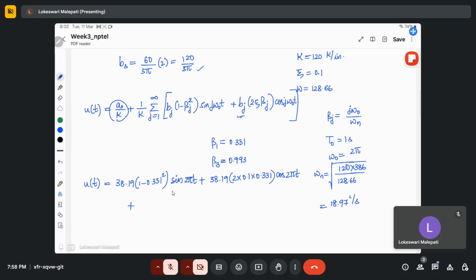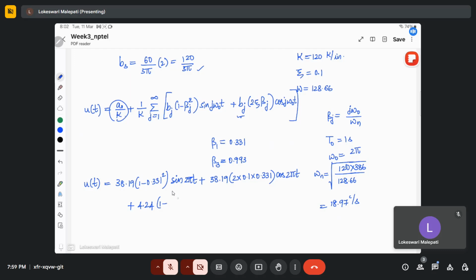Let's also write for j is equal to 3. So that would be bj is 40 by 3 pi, 4.24, multiplied by 1 minus, so for this, beta j is equal to 3 times beta 1, which we already calculated here.